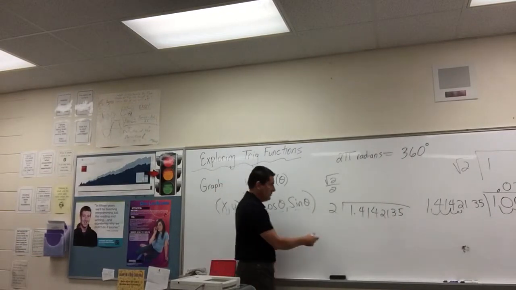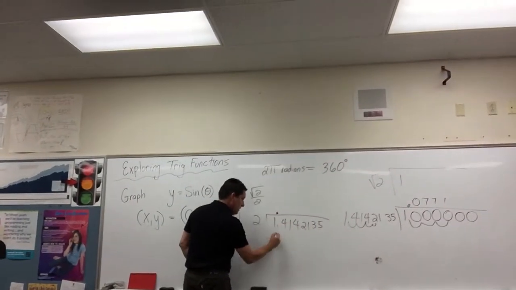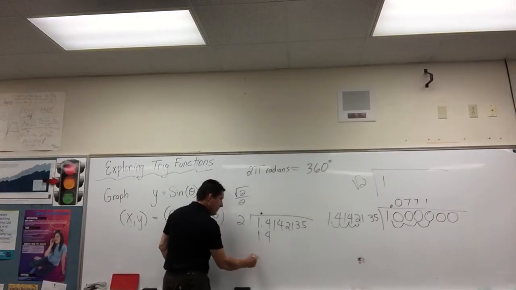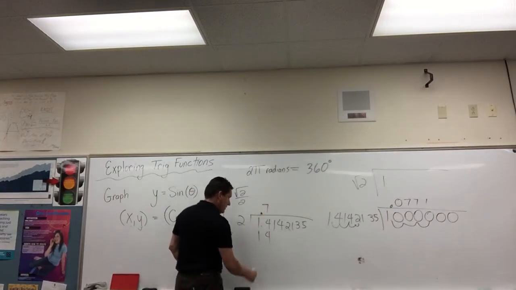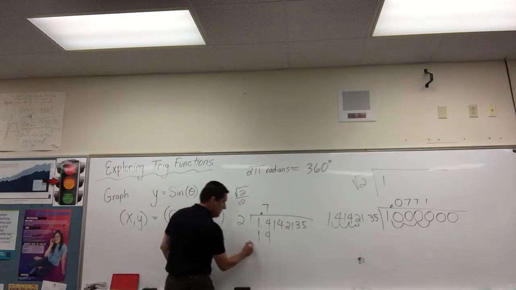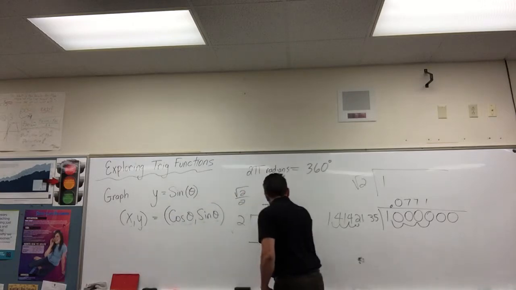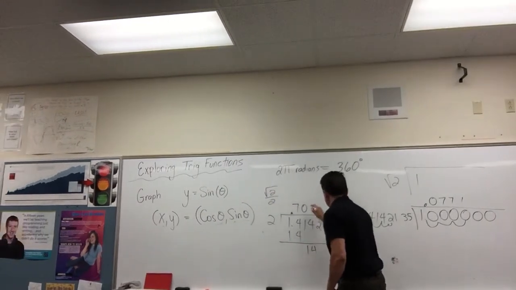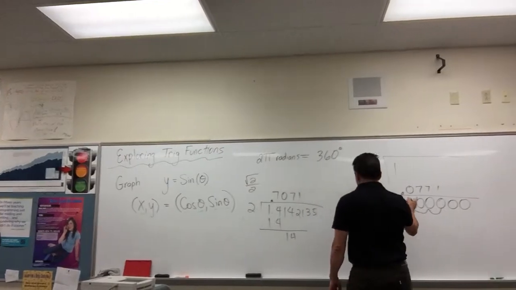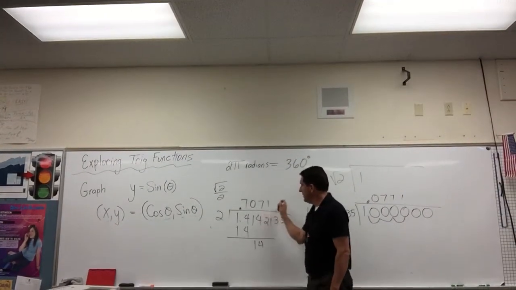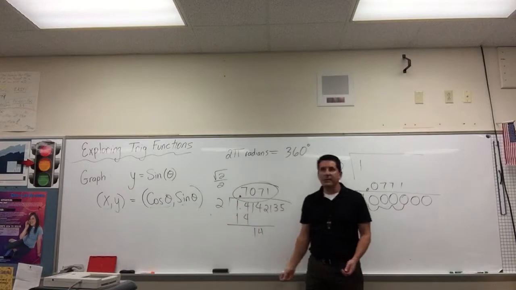Better? Sure, look at this. That's going to go in there. I got 0.7071. So all my numbers were wrong there. Okay? Look at that. That took like a couple of seconds to do.